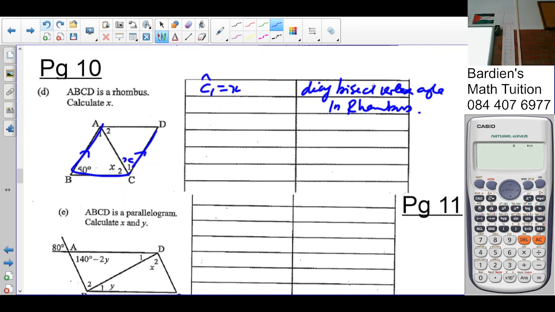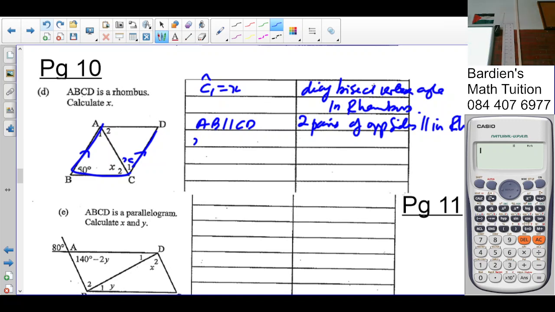So what do I say now? x plus 50 equals 180. Why? No. I must first say that AB is parallel to CD. Why? Two pairs of opposite sides parallel in a rhombus. Okay.